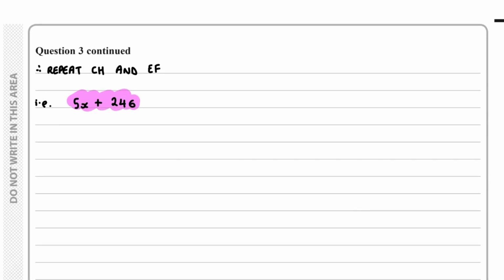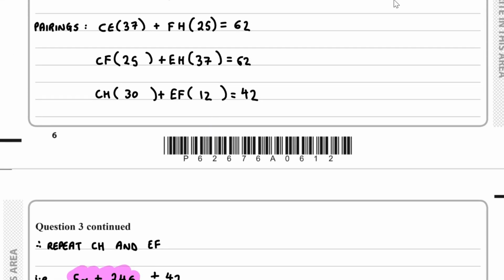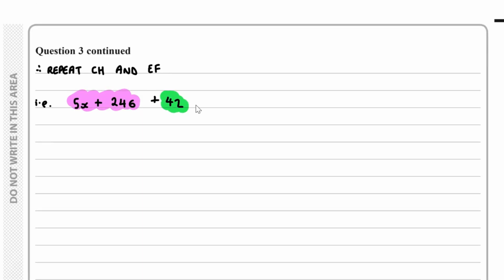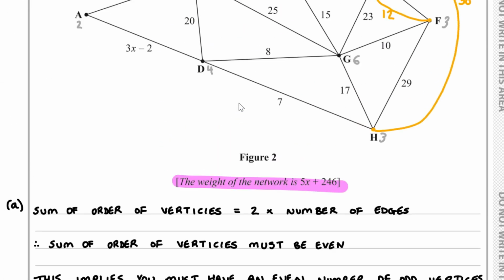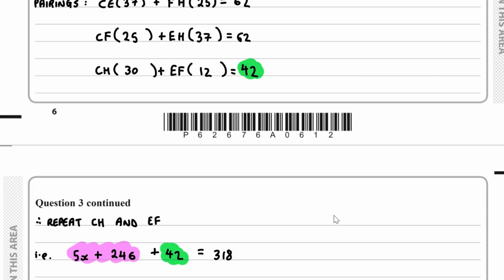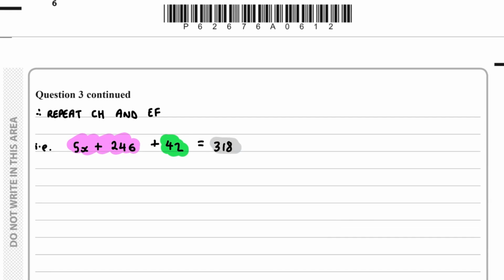And then we add on the 42, which is from here. And we know that this is equal to the 318 as described in the question. So here we've got the 318 minutes, which is why we've got this over here. So if we tidy this up, 5x is equal to 30, and therefore x is equal to 6.